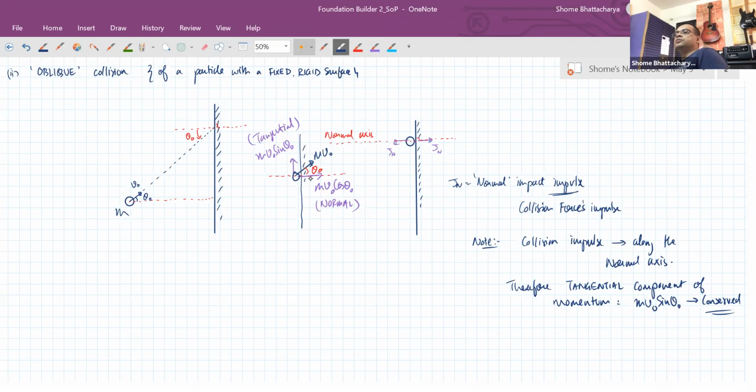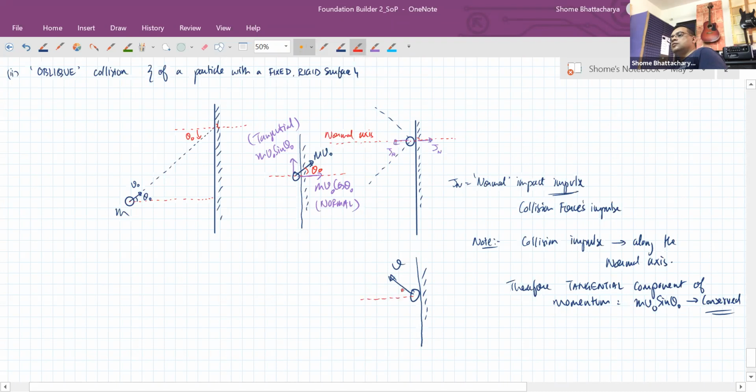So now just after impact, the particle came in like this, and after impact it went off like this. So if it has a velocity v like this, this angle is theta.